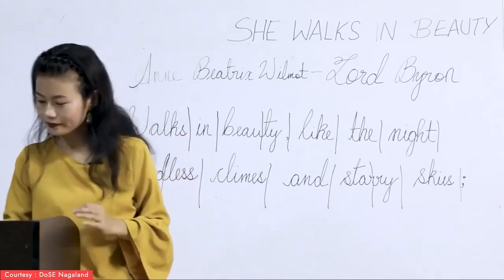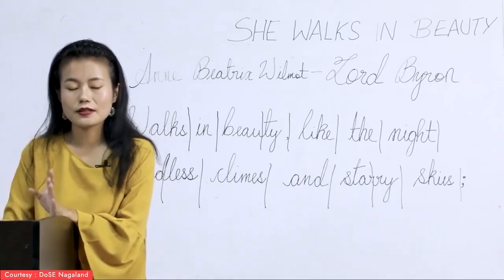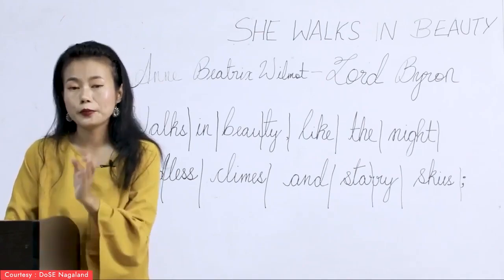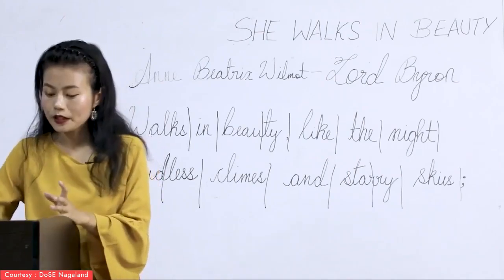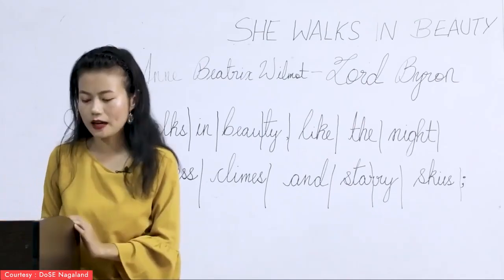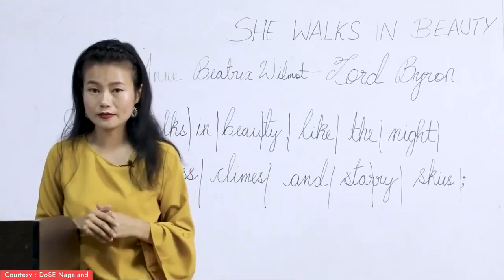All right? Okay, I would like to discuss some questions and answers from the text so that it will help you understand the poem better. So here in the text, the first question being asked is, why is the woman presented against the backdrop of night?